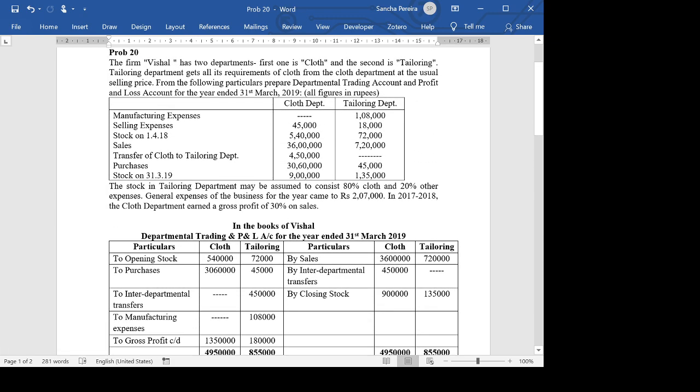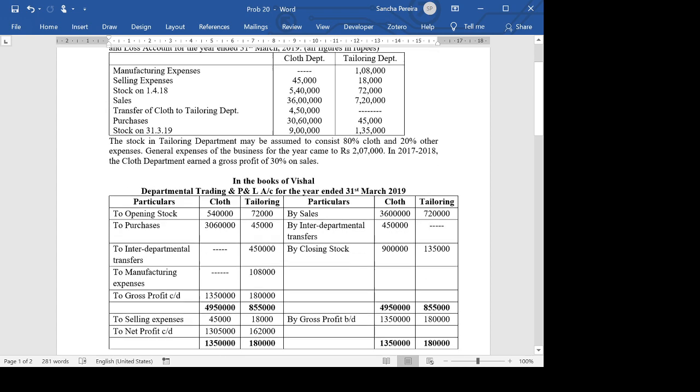And they've clearly told us in the problem that the stock in the tailoring department, the closing stock or even the opening stock, may be assumed to consist of 80% cloth. So 80% of this amount has come from cloth, 20% will come from previous stock or the purchases or something like that.